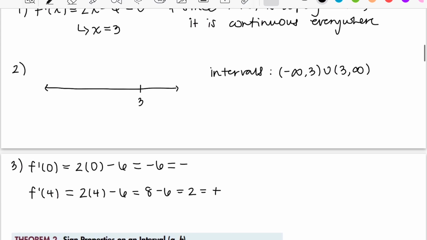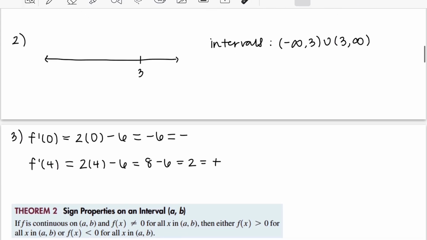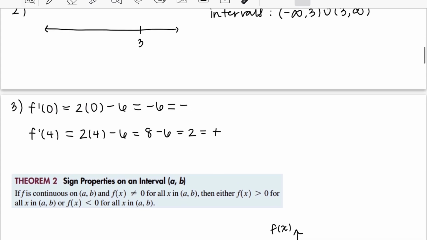Alright, and then just to remind ourselves why this works, this is theorem 2 from section 2.3. So we see that if f is continuous on some interval and not equal to 0, then either this function is going to be greater than 0 or less than 0 for all x values within that interval.